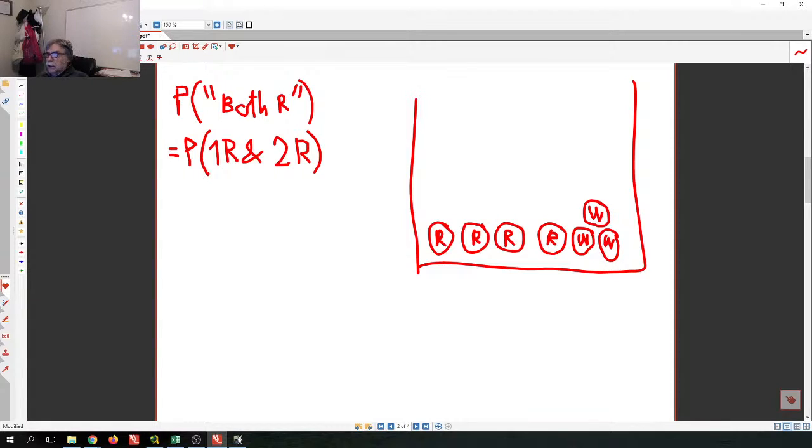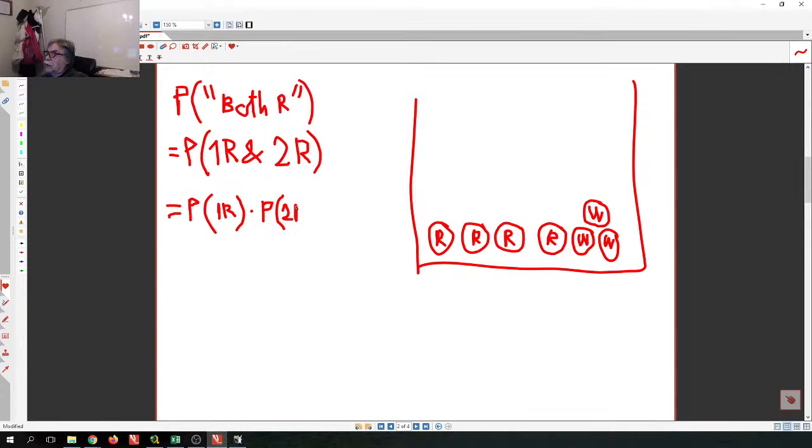3 out of 6. It's not the same. Which means that the event first red and the event second red are dependent events, which again, according to the 6th property of probability, can be calculated by multiplying the probability of the first event, the first ball to be red, times the probability of the second event, given that the first event has happened.